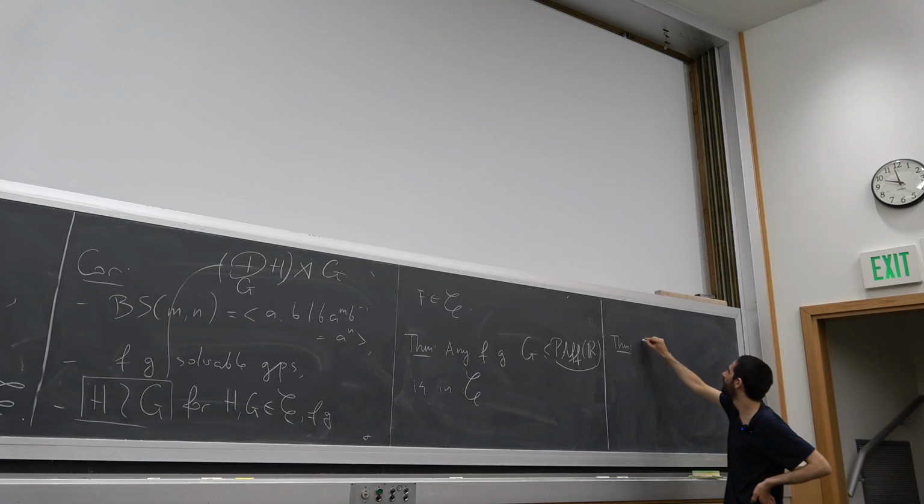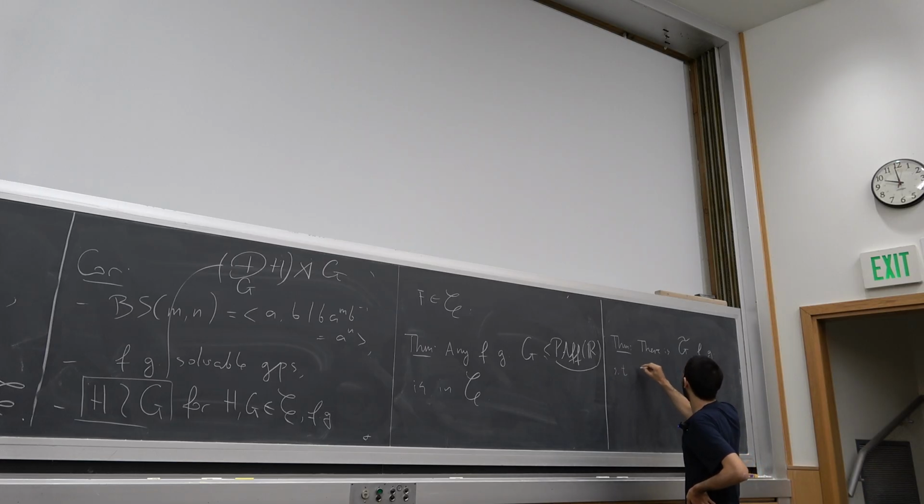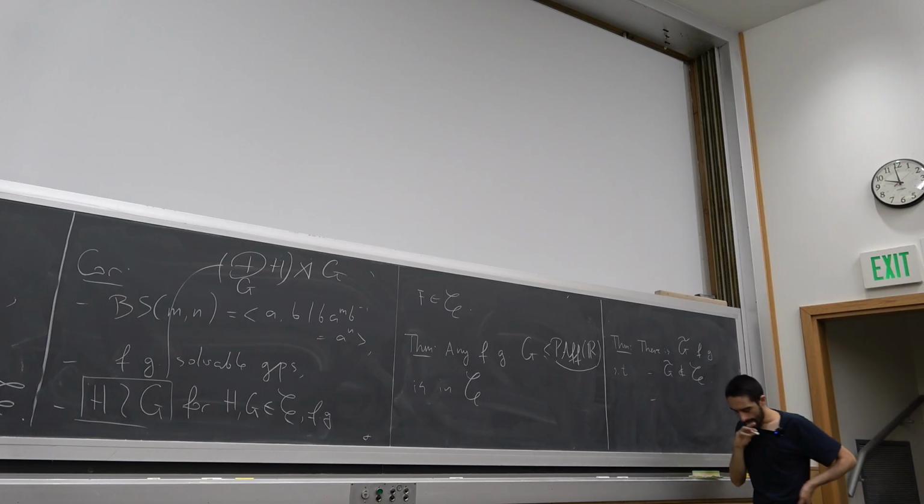We found an example of a group G bar that is finitely generated such that G bar is not in C, and G bar is amenable if and only if F is amenable.